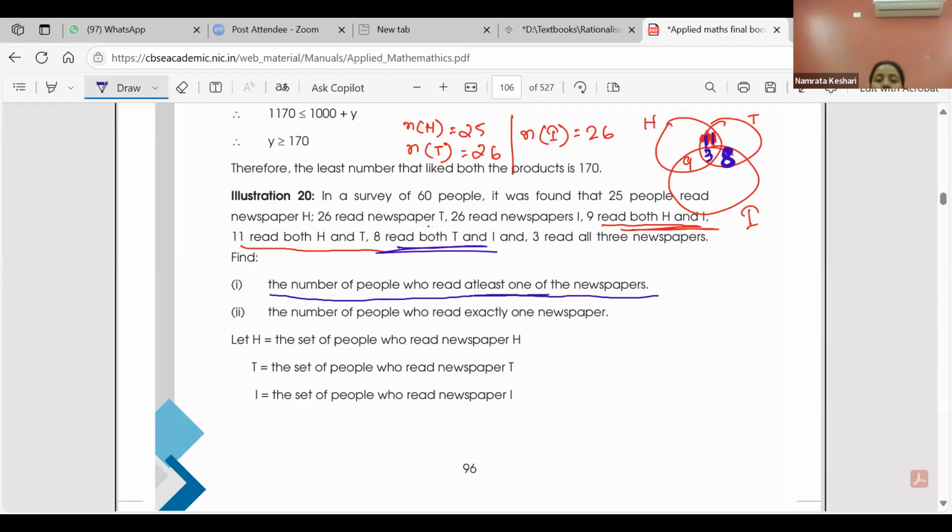Can you tell me, Manvi, what was the formula for the union of three sets? Number of elements in H union T union I, what was the formula?